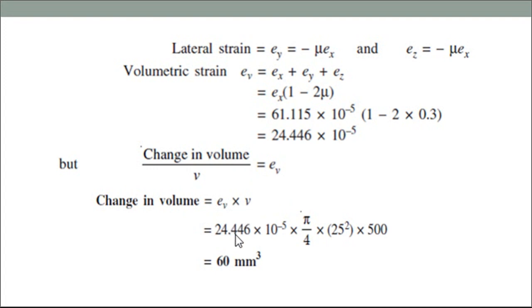The volumetric strain we calculated above, and the total volume of the circular bar is the cross sectional area multiplied by length. So the area of cross section multiplied by 500, the length of the bar, gives the total volume of the bar.